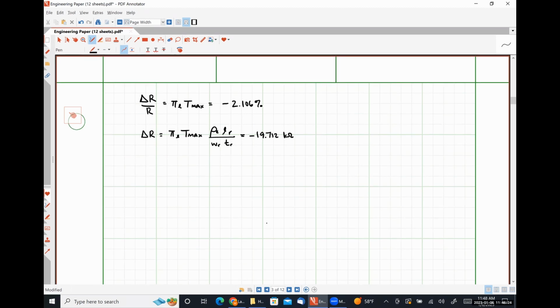All right. Right, so the absolute change in resistance for the series combination would be twice 19.712 kilo ohms, but the fractional change should be the same, right?